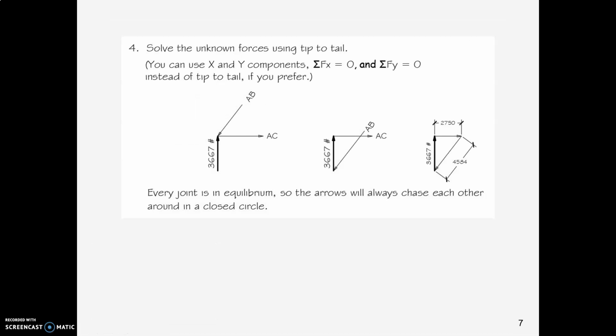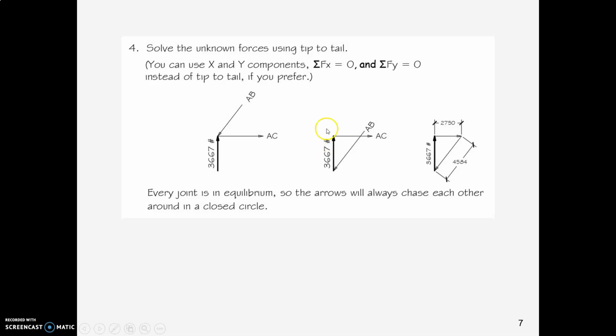Now, in CAD, I will take those three arrows and I will put them tip to tail. The only one whose length I know is this 3667, so I can draw that to length. AC, the horizontal force, I don't know how long it is, so I'll just draw a big old long arrow. AB, the sloping force, I don't know how long it is, but I'll just draw a big old long sloping arrow at the right angle.